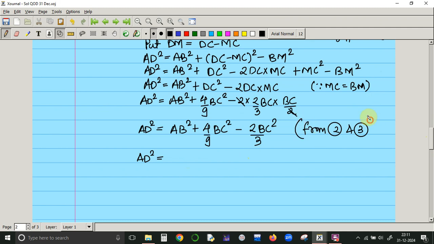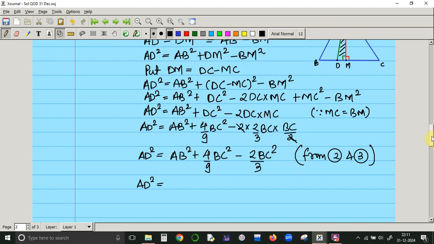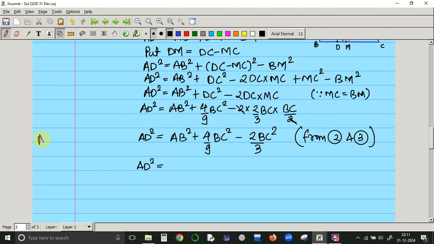Also observe that triangle ABC is an equilateral triangle. So we have AB equals BC equals AC. All three sides are equal. So I'm going to replace this BC by AB.